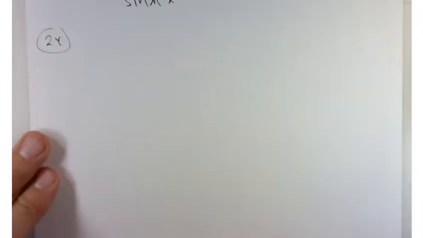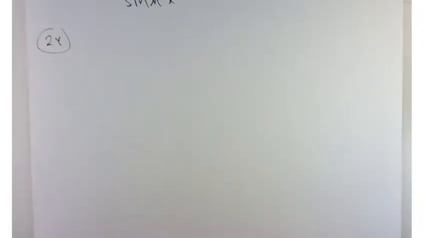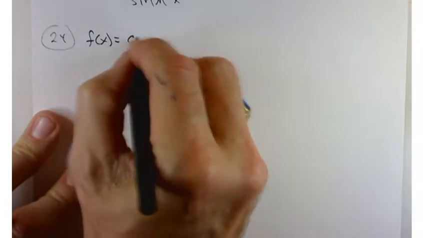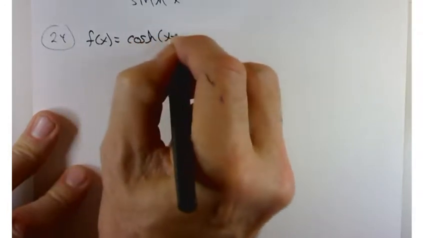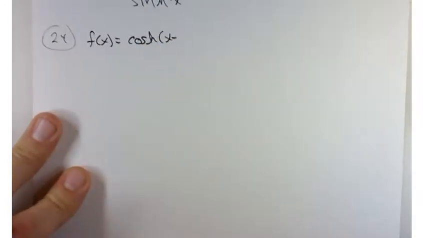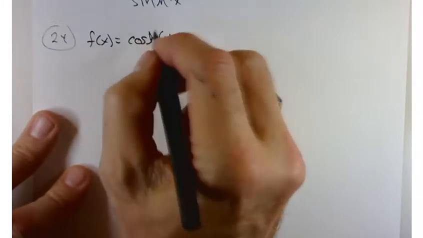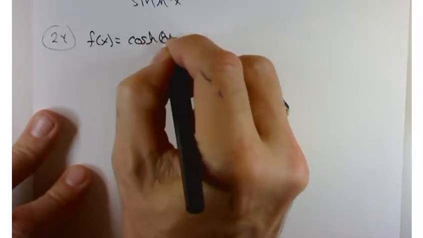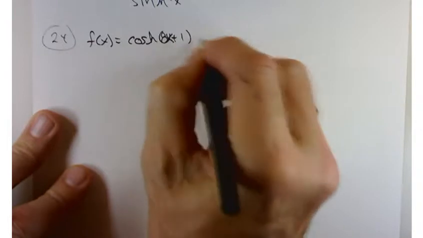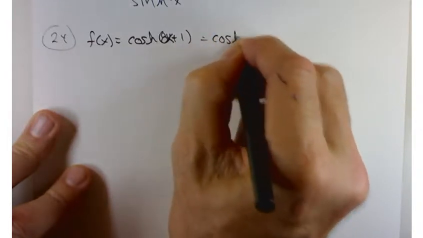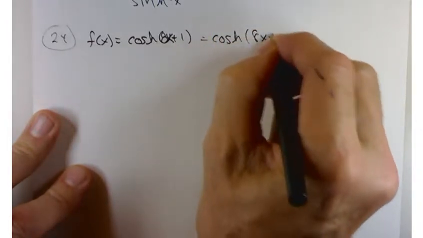We'll start with problem number 24 I should say. F of x is the hyperbolic cosine, or cosh, of 8x plus 1. Sorry, let me rewrite that. Cosh of 8x plus 1.